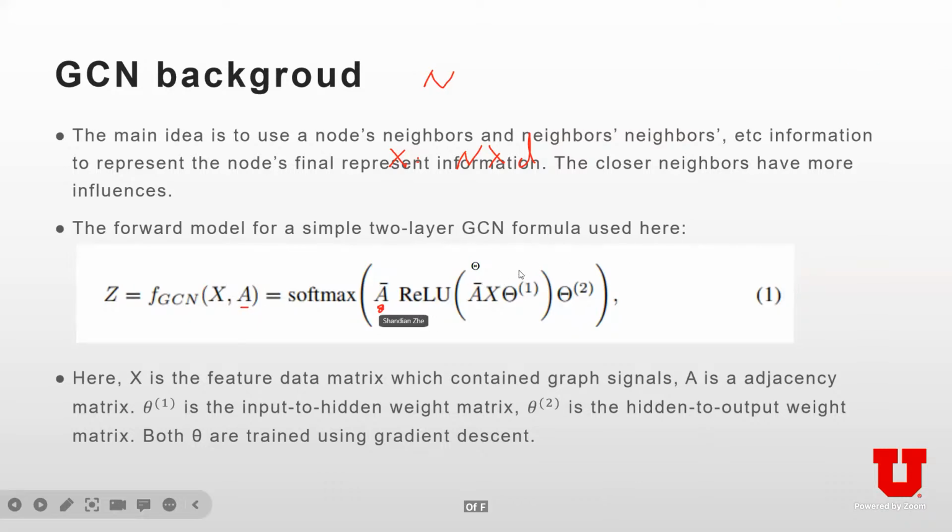I have a question about the A matrix. For a hypergraph, how is the adjacency matrix defined?